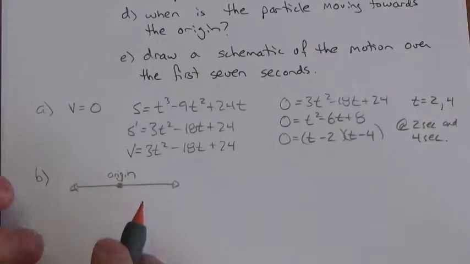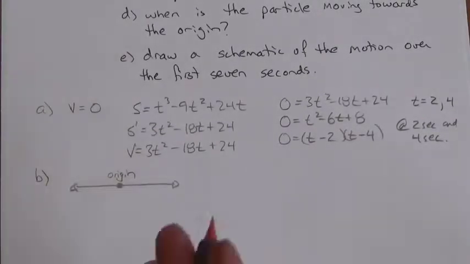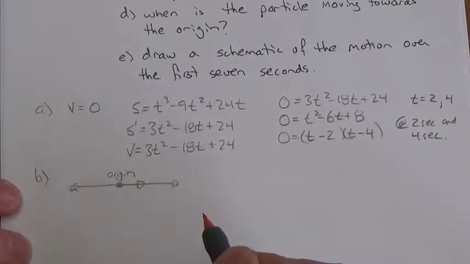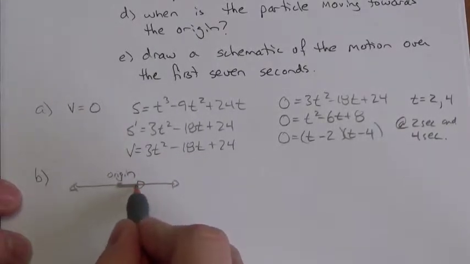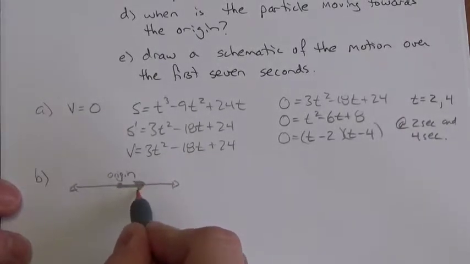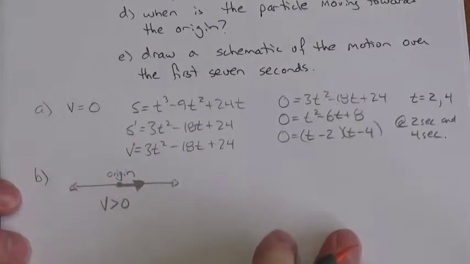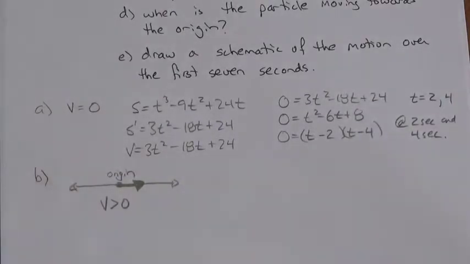To be moving in a positive direction, just by the way we define it, typically means we're moving to the right. So we'll draw our vector here for velocity, and as long as velocity is positive, we are moving in a positive direction. In fact, that's exactly what that means. When velocity is negative, we are moving in the negative direction.